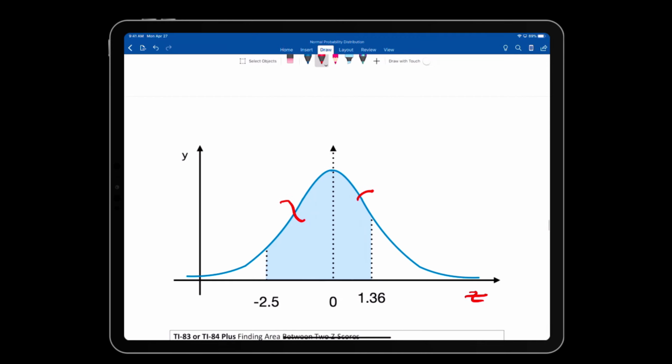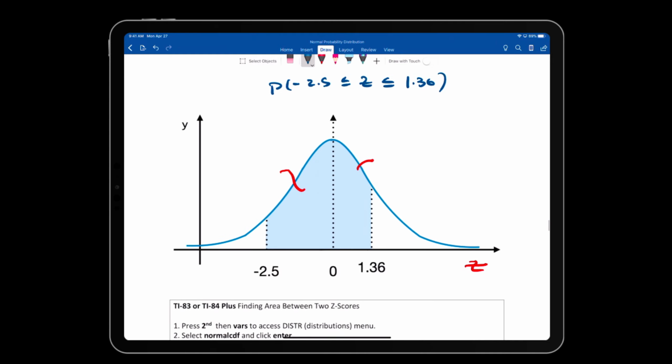If you look at the book, they want to know everything between negative 2.5 and positive 1.36. This is the notation the book uses because you're looking at an interval in here. This is between these two numbers. They want to know what percent of that ball is shaded. So I need the left portion plus the right portion.